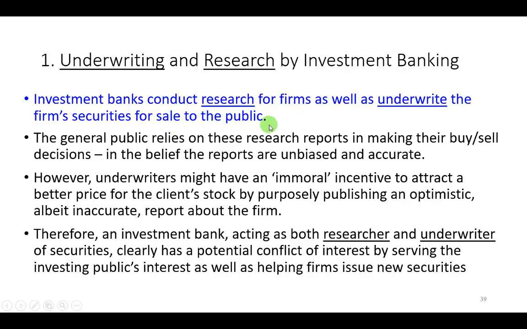And so as you can see here, the potential for conflict of interest exists because the investment bank conducting paid research for the firm might want to talk up the firm's performance, even when that may not necessarily be true, because it's going to cause many people to be interested in buying the firm's securities.